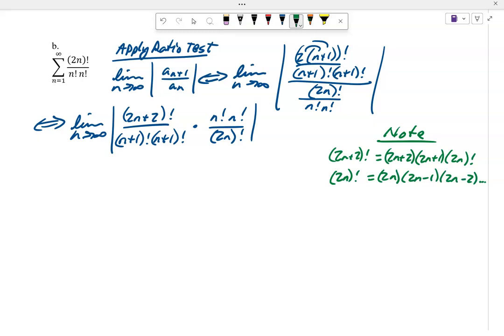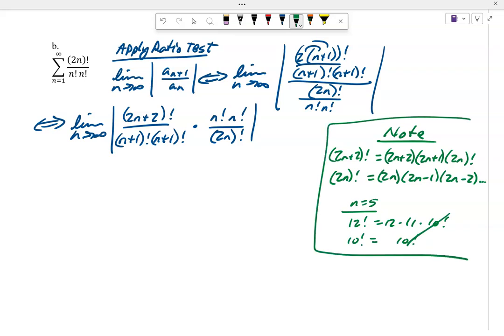Like for example, if n is 5, then you have 2n plus 2, that'd be 12 factorial: 12, 11, 10 factorial. If n was 5, then you'd have 2 times 5 factorial. You guys with me on that?